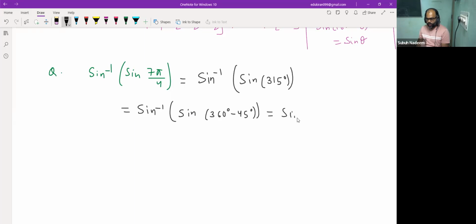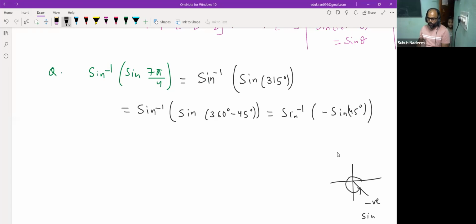So sine of 360 degree minus 45 degree is minus sine 45 degree, because 360 minus 45 is in the fourth quadrant. So here sine is negative. Now the value of sine 45 degree is 1 by root 2. So this will be minus 1 by root 2.